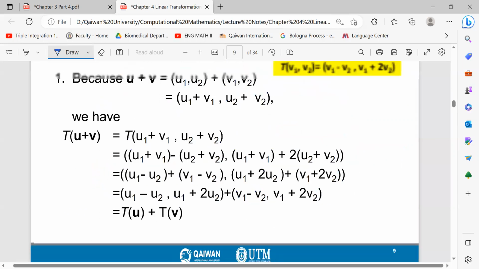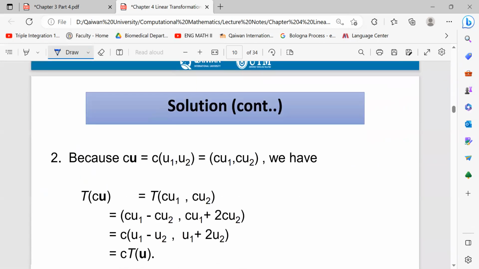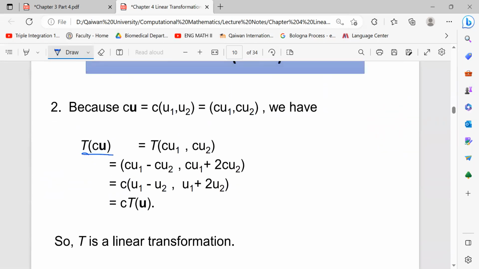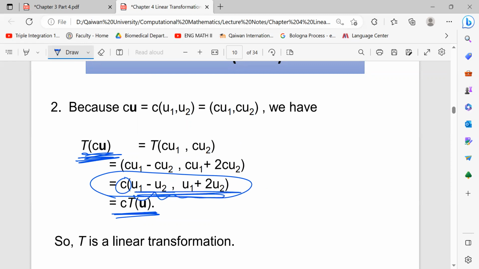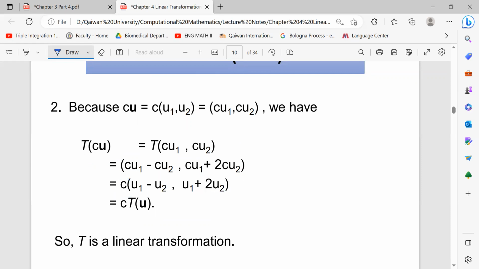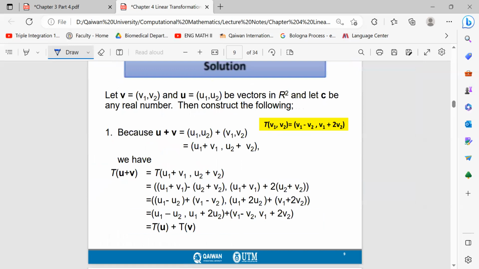Look, it's the first and the second. We need to show that T of cu equals c T of u. Okay, we get this. And if we take this as the common, this is T of u. So you get c T of u. It's easy to show this. It's for yourselves.